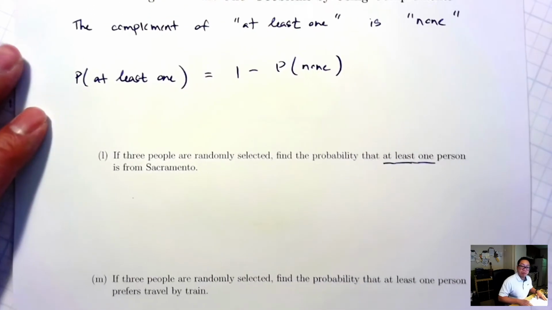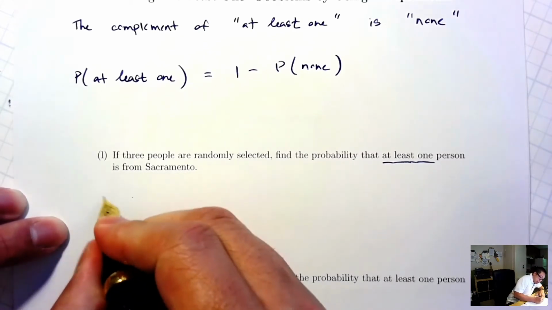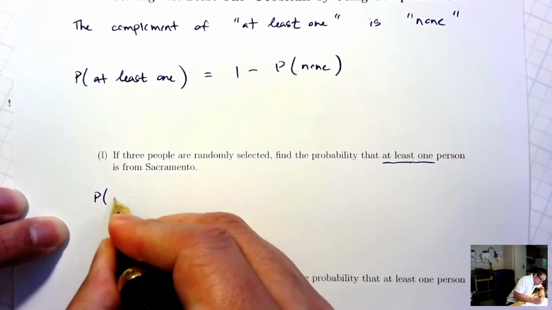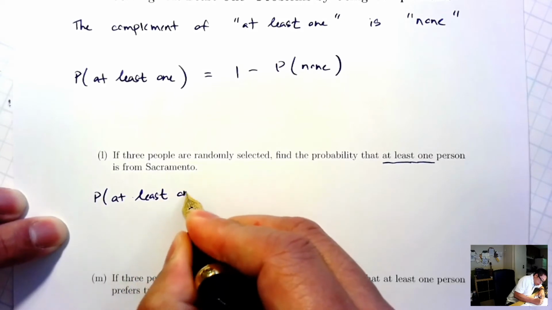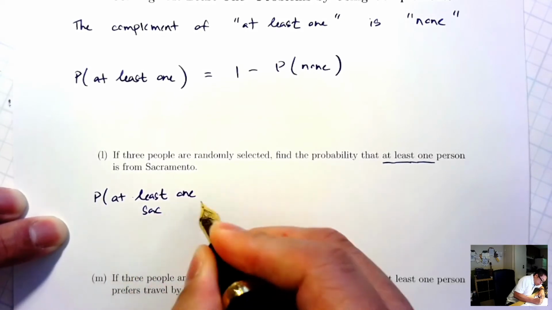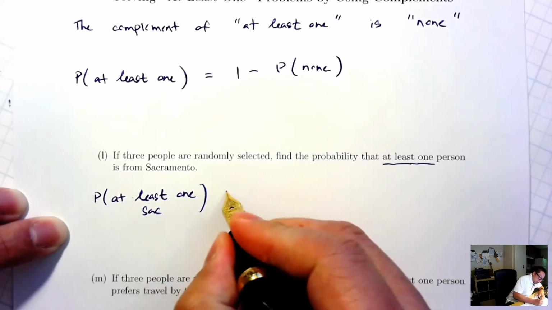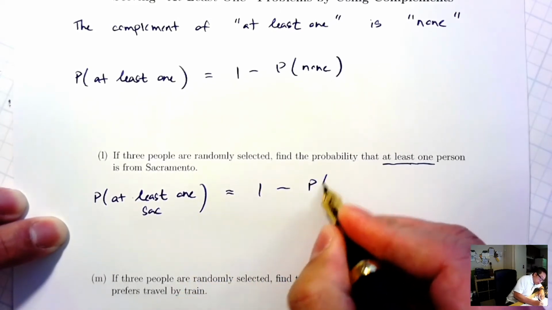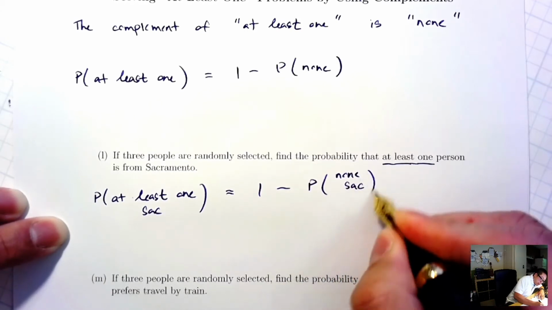Okay, let's do this for part L. If 3 people are randomly selected, find the probability that at least one person is from Sacramento. All right, so let me set this up. I want the probability of at least one Sacramento. The easy way to do that is to do 1 minus the probability of none from Sacramento.